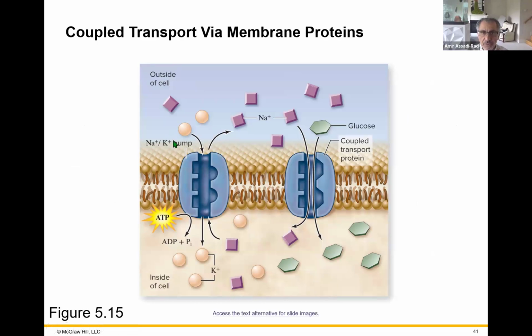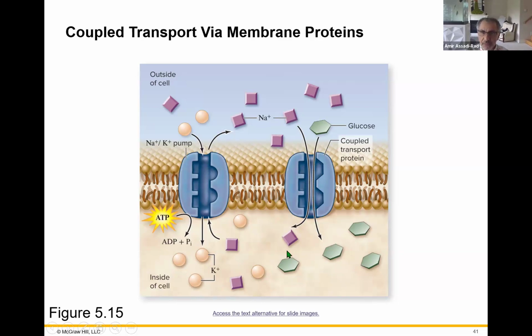So he's talking about the symporter as well. So here is the sodium-potassium pump, and here is the glucose and sodium. Sodium is moving inside of the cell, and glucose is moving inside of the cell at the same time as sodium is moving inside.